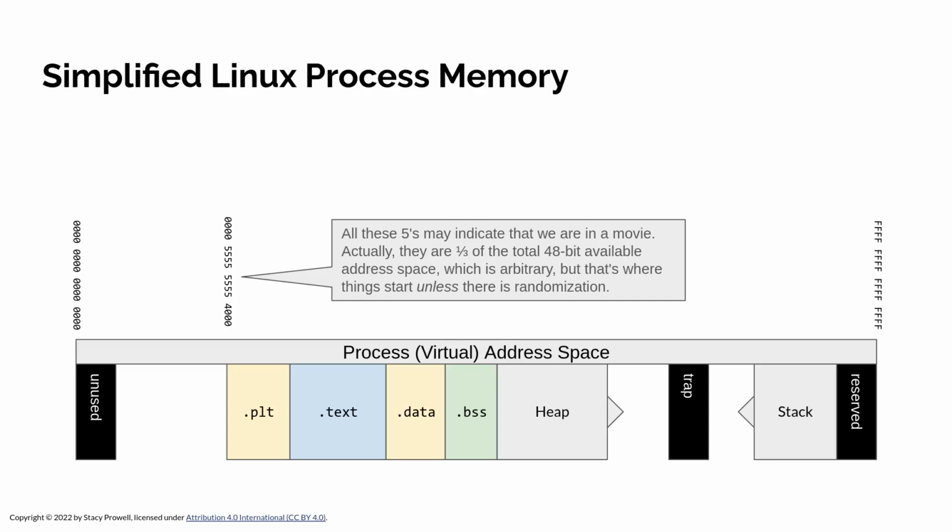So there we go. You can see all those 5s there. And then you'll typically have the PLT, which we'll talk about, the text section, data, BSS, and the heap growing up, the stack growing down, and we don't use those highest addresses.